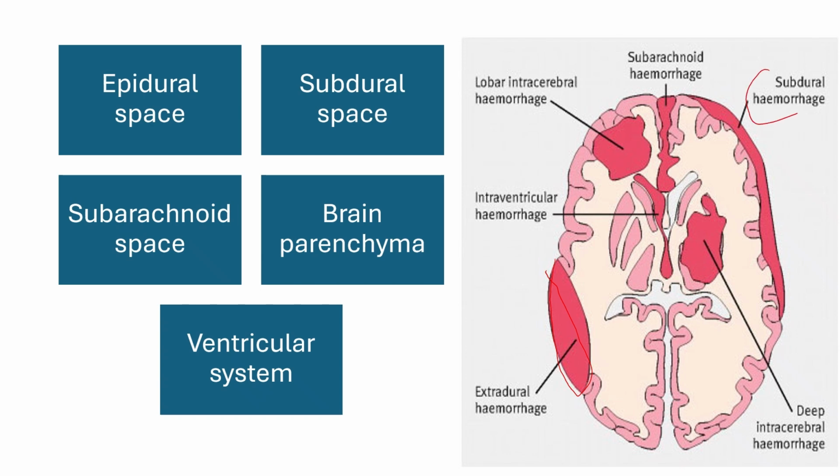Subdural, this is the subdural. Subarachnoid, within the sulci or subarachnoid space. Brain parenchyma, that is the lobar or deep intracerebral hemorrhage. And ventricular system, hemorrhage within this ventricular system.